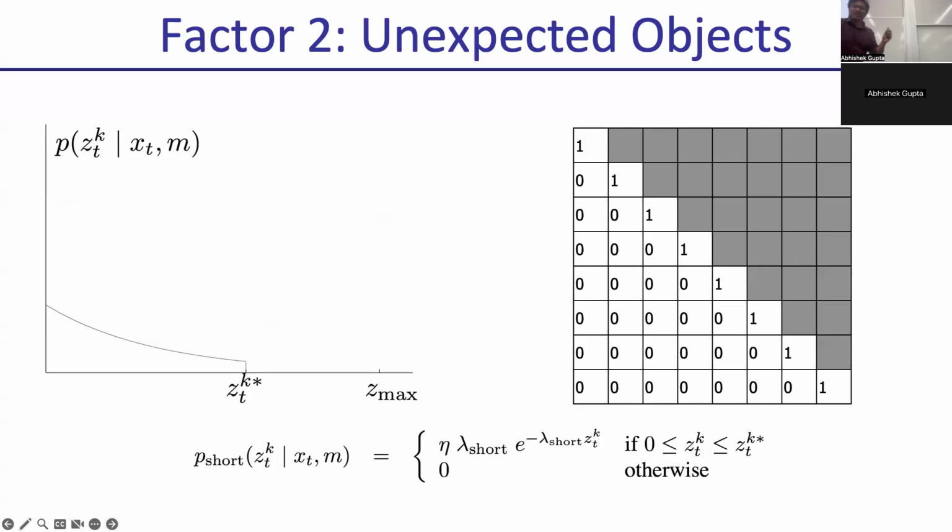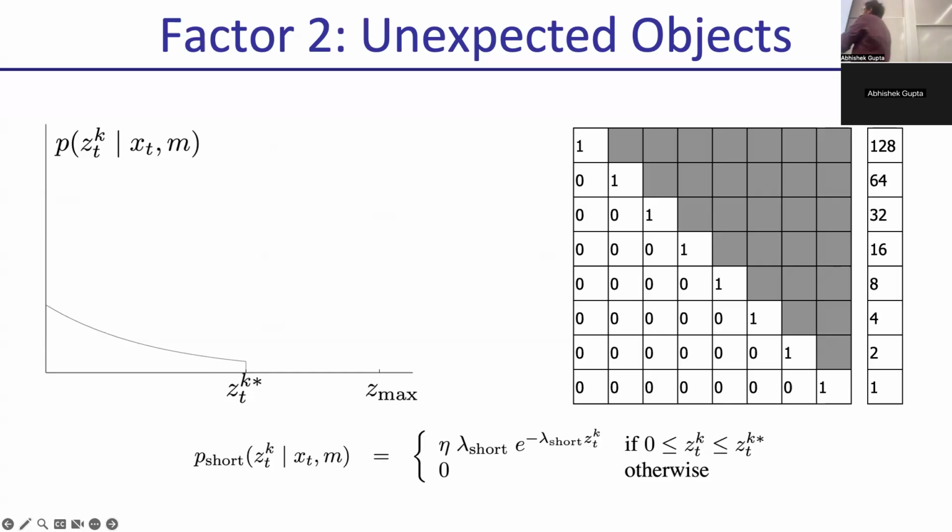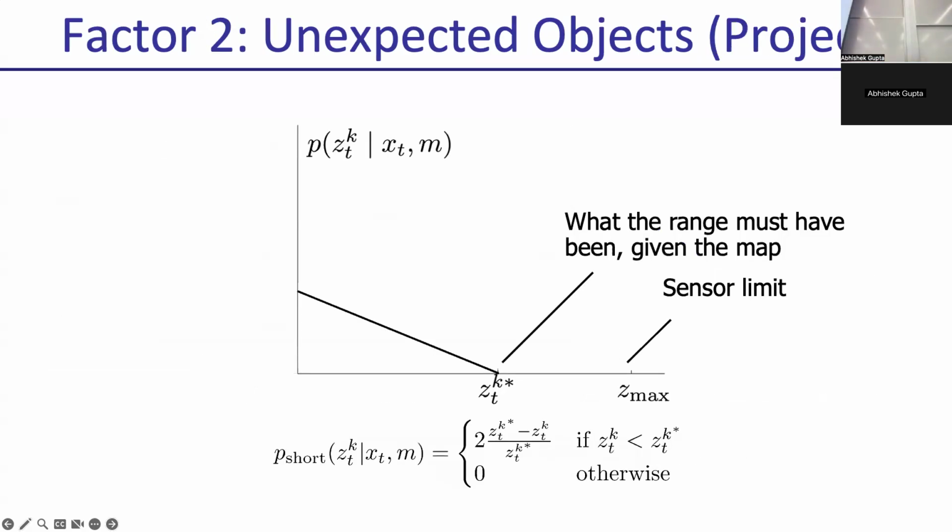Don't worry too much about the math, but think of it this way: if I have an unexpected obstacle, the likelihood of a short reading is higher, and it decreases until the true distance, and then it's 0. The approximation you're going to do in your homework is just a linear approximation.